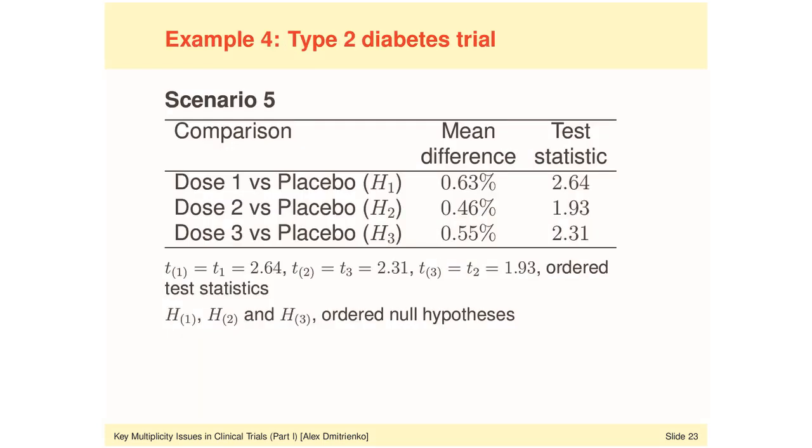At this point, it will be appropriate to give you an example and walk you through the step-down testing algorithm used in the step-down Dunnett procedure. I will use the same set of test statistics as before. This example is again based on example 4. The only difference here is that we need to introduce the ordered test statistics, and you can see those ordered test statistics defined below the table.